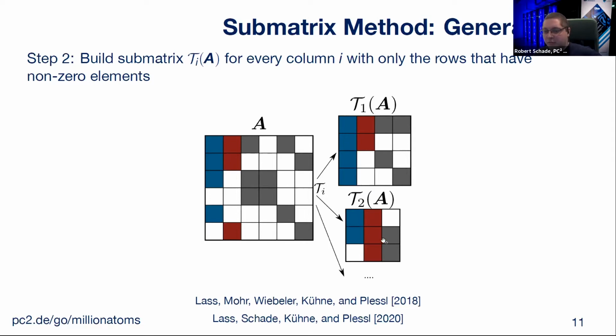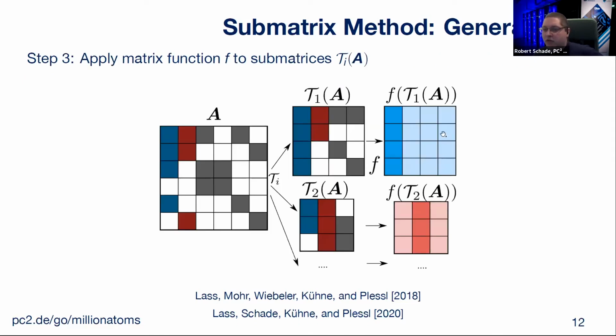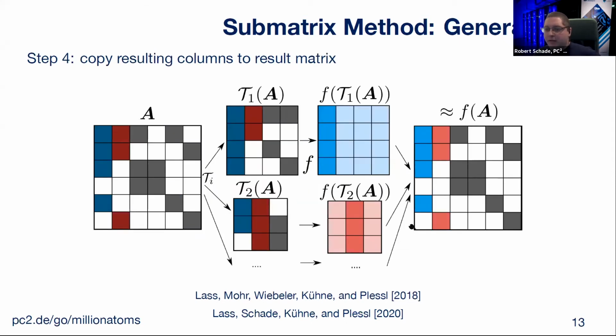For the second column, that would be a 3x3 matrix. Then we apply the matrix function, like the sign function or the inversion, to these submatrices individually. And in the last step, we take the resulting column, like here this light blue column, and put it into the resulting column of the resulting sparse matrix.